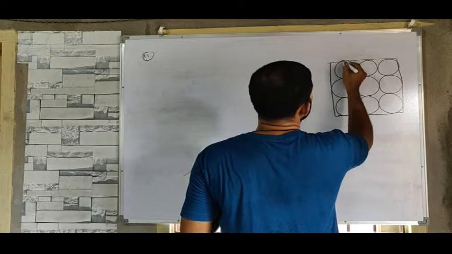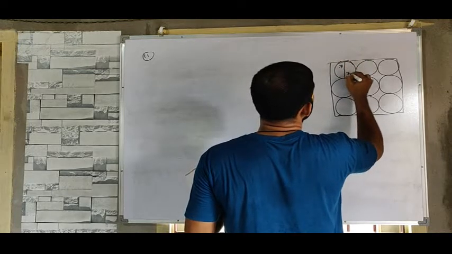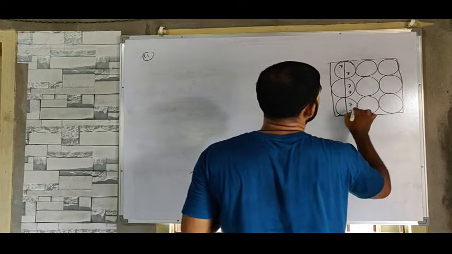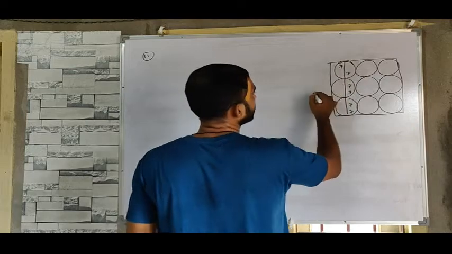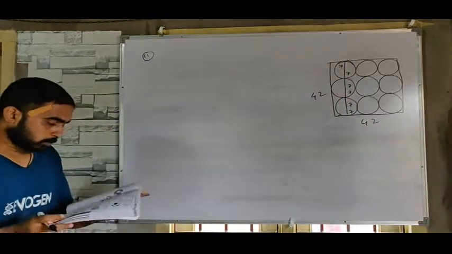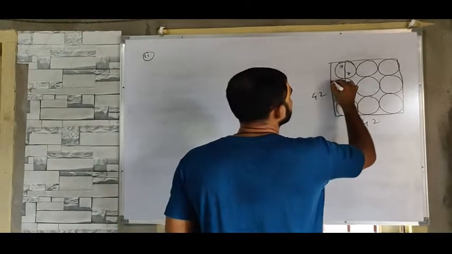So 7 times 6 is 42, and this is also 42. Here, what is the remaining portion? These are the remaining portion.